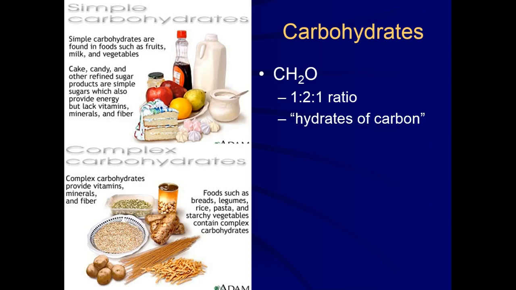Right? For example, if we look at glucose, blood sugar, its formula is C6. It has 6 carbons, it has 12 hydrogens, and it has 6 oxygens, a 1 to 2 to 1 ratio. So always that way.